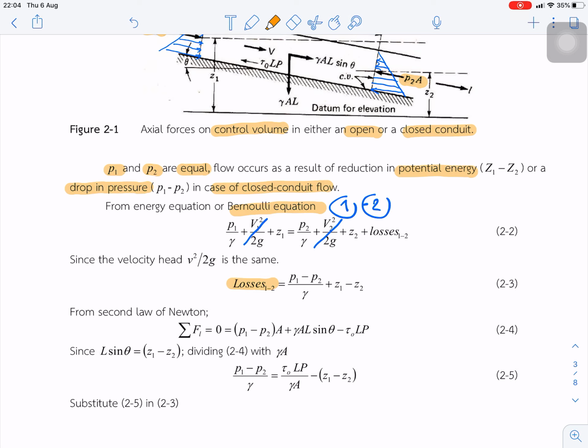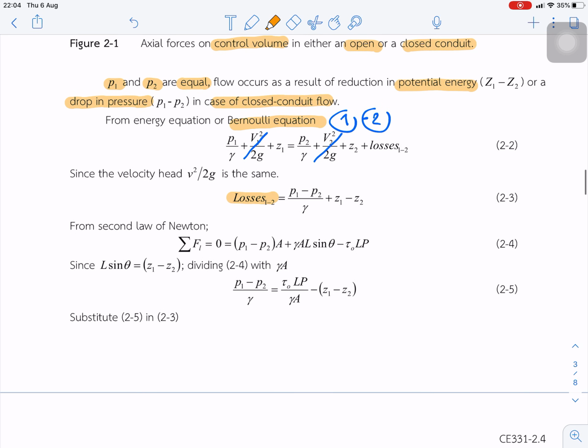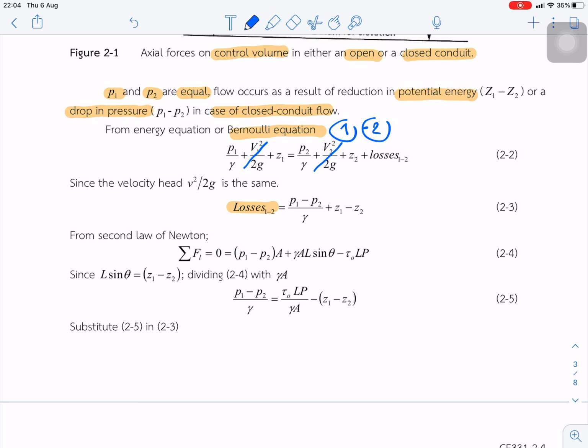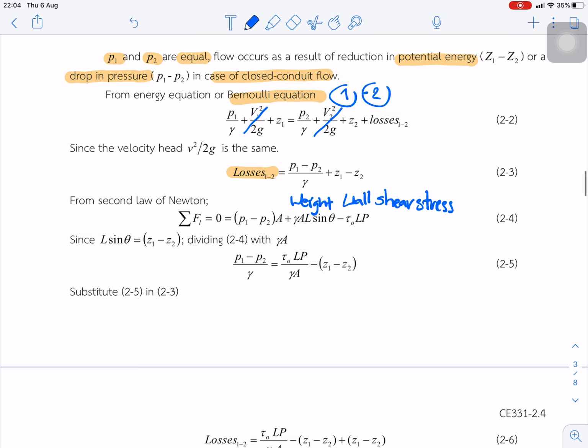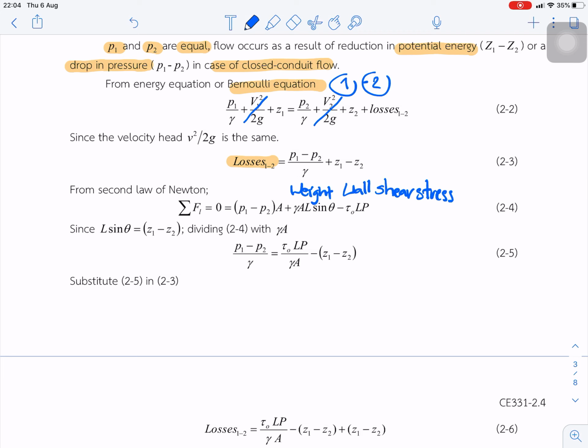From Newton's second law, we can write the equation: the summation of forces equals the pressure difference, and this part is from the weight of water, and this part is from the wall, the balance between the pressure difference, weight, and wall shear stress. We divide by L sine theta and by gamma A, so we get equation 2-5.